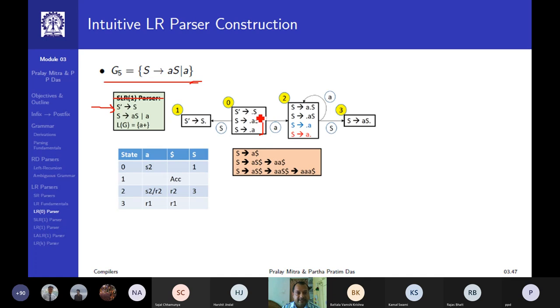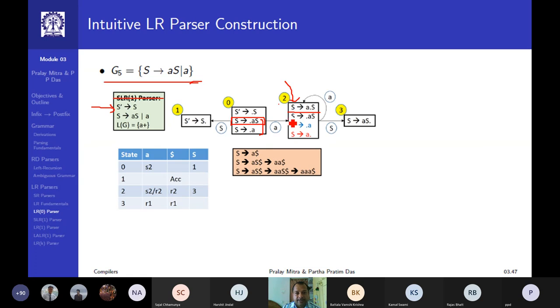Now if I see S, then I will move from state 0 to state 1, which we have seen. If I see A, then I will move on to state 2, and the second item here will be written as S derives A dot S. Now, since the dot is now on the left of S in the first item of state 2, by closure property, other items will be included.